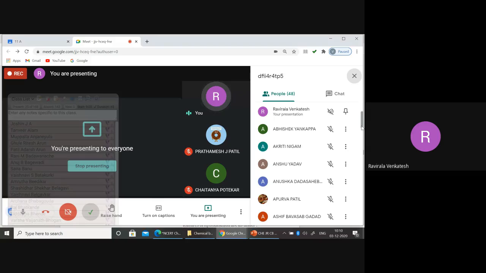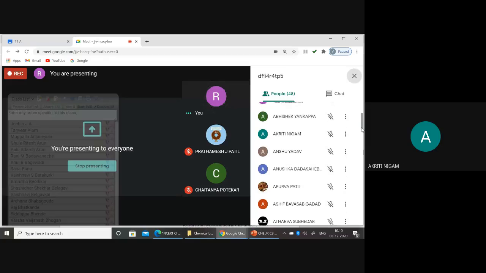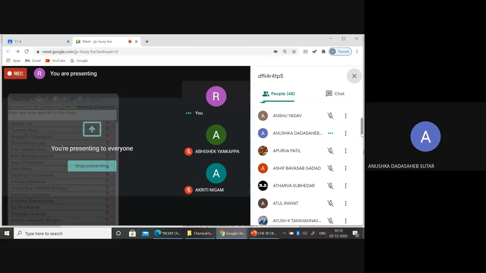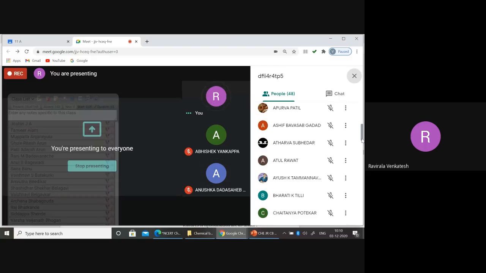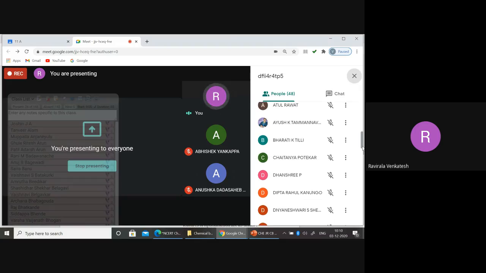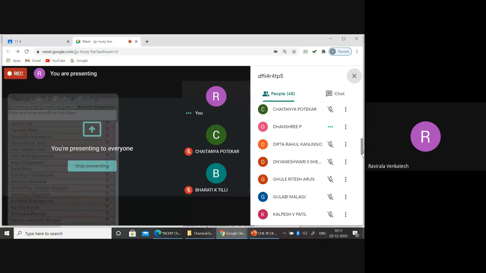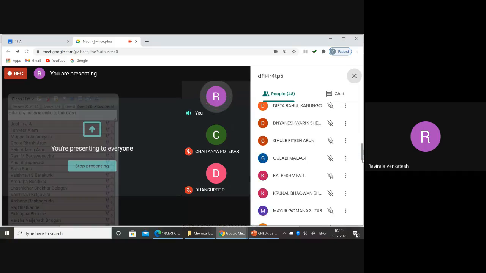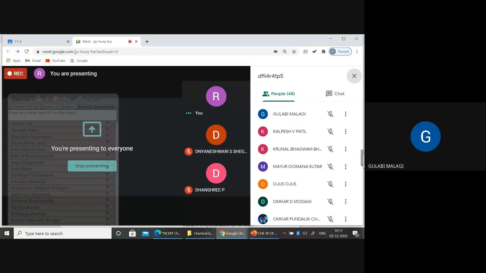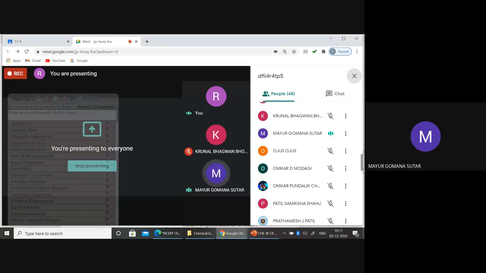Now I am taking the attendance. Abhishek, Akruti, present, sir. Anshu Yadav, Anushka, present, sir. Ashif, Atul Rawat, Ayush, Bharati, present, sir. Chaitanya, present, sir. Venusri, present, sir. Jnaneshwari, present, sir. Krunal, present, sir.